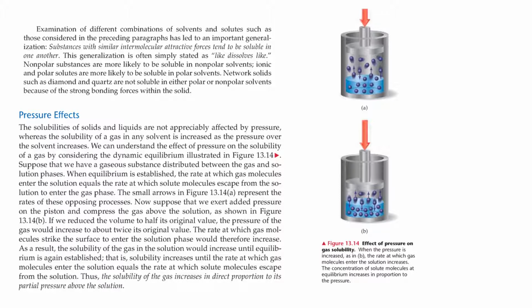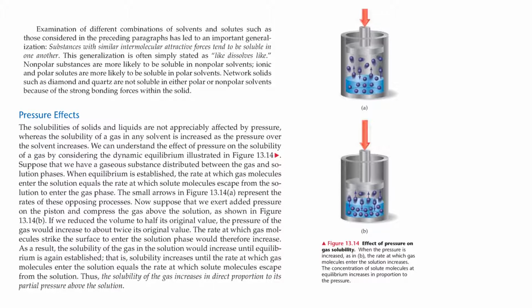Now suppose that we exert added pressure on the piston and compress the gas above the solution, as shown in Figure 13.14b. If we reduce the volume to half its original value, the pressure of the gas would increase to about twice its original value. The rate at which the gas molecules strike the surface to enter the solution phase would therefore increase.